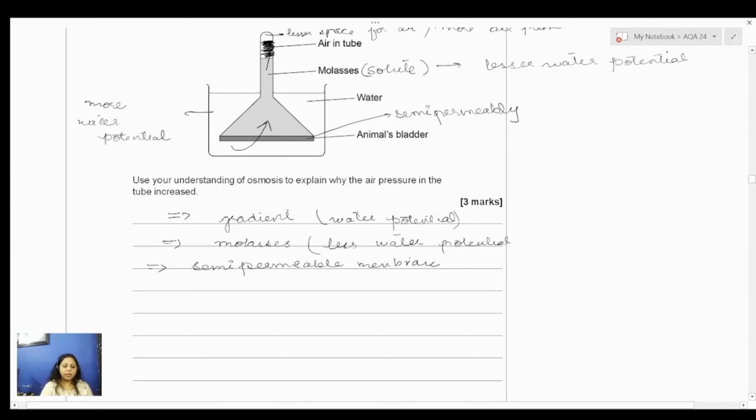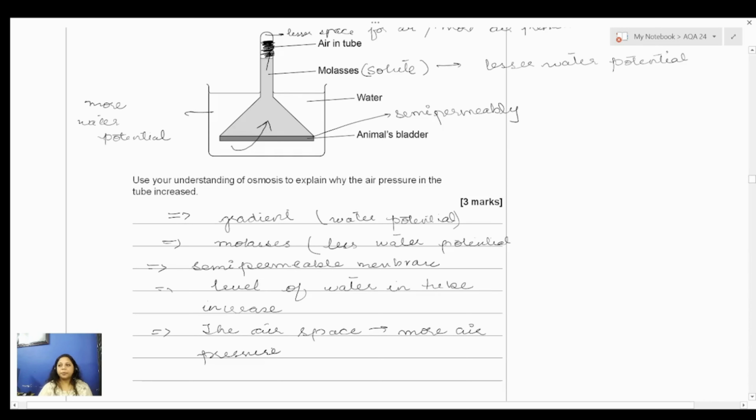So it will move inside. So the level of water in the test tube increases, the airspace decreases, due to which there is more air pressure inside the tube.